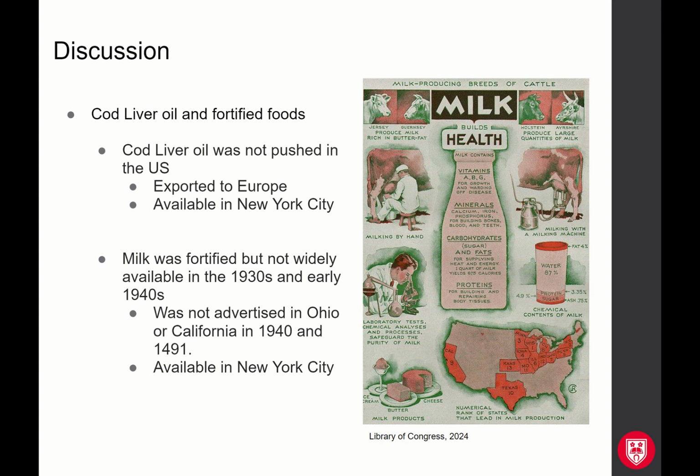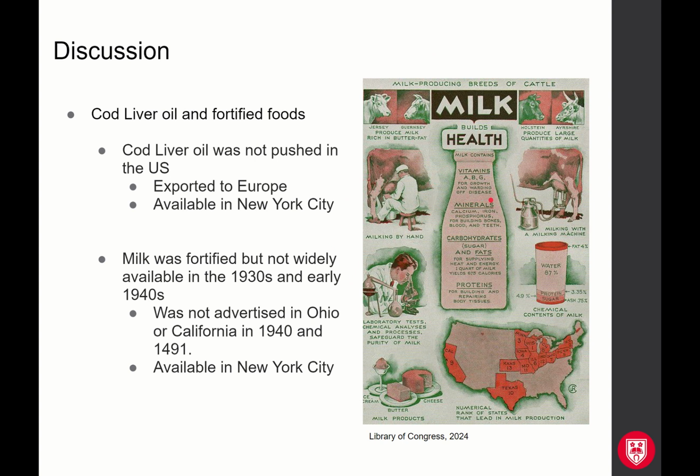So vitamin D was added to milk in the 1930s sporadically only by certain industry. And then again in the 1940s, using technology and techniques that we have today in all milk. Again, I was not able to find any information in Ohio and California. I was able to find advertisements for California and milk production, but if you look here where it says vitamins, none of them had vitamin D added to them.